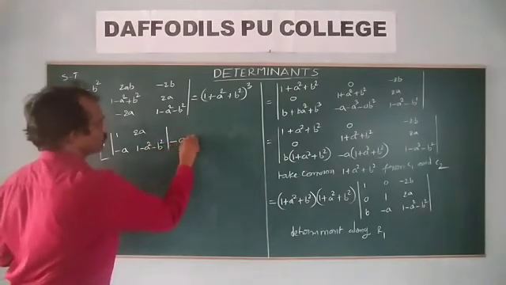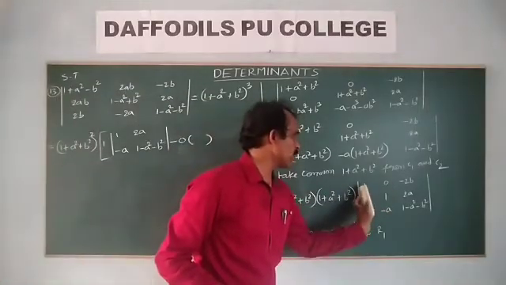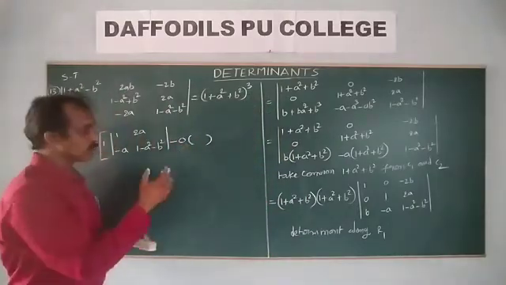Next term, minus 0 of anything: 0 of this column and this row you delete, whatever remains, 0 times something is 0, no need.